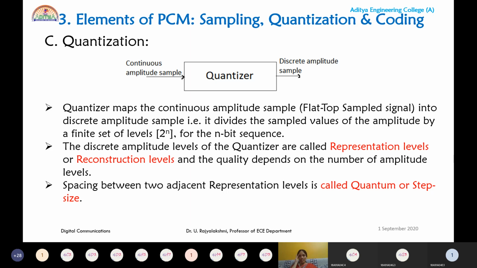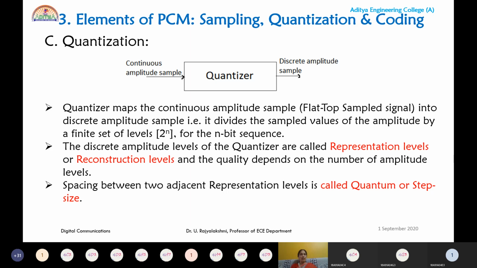Into how many discrete amplitude levels can you divide? You can extract 2 power n number of amplitude levels for an n-bit sequence. For example, if you want to generate a 4-bit sequence, the quantizer divides into 2 power 4, that is 16 quantization levels.